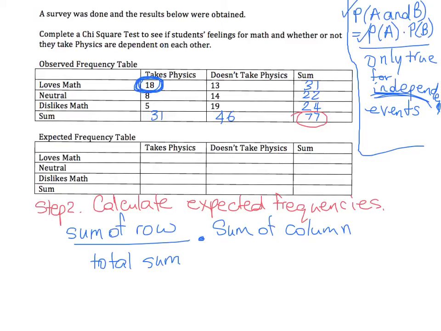In order to figure out the expected value, we have to take the sum of that row, which is 31, divide it by the total sum, which again we said is 77, and multiply that by the sum of the column, which is also 31.